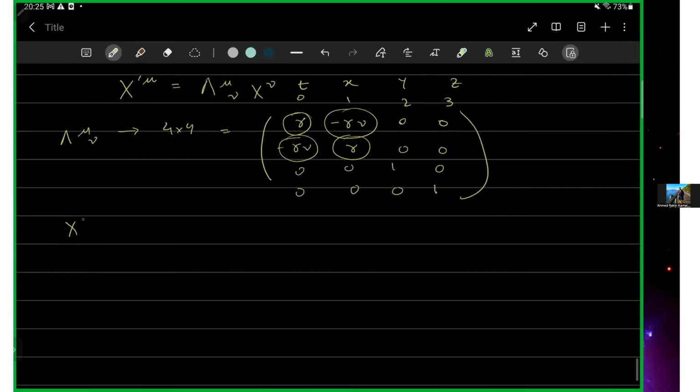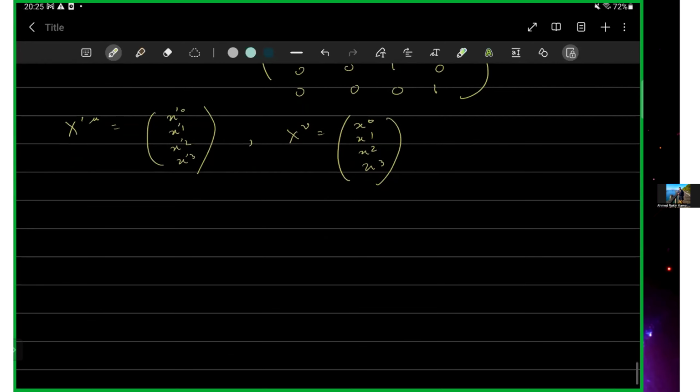Now remember, x prime mu is just x0, x1, x2, x3, with the primes, because mu runs from 0, 1 to 3. And x nu also runs from 0, 1 to 3. You multiply this with this 4 into 4 matrix, and this should give you the system of equations that we had earlier.